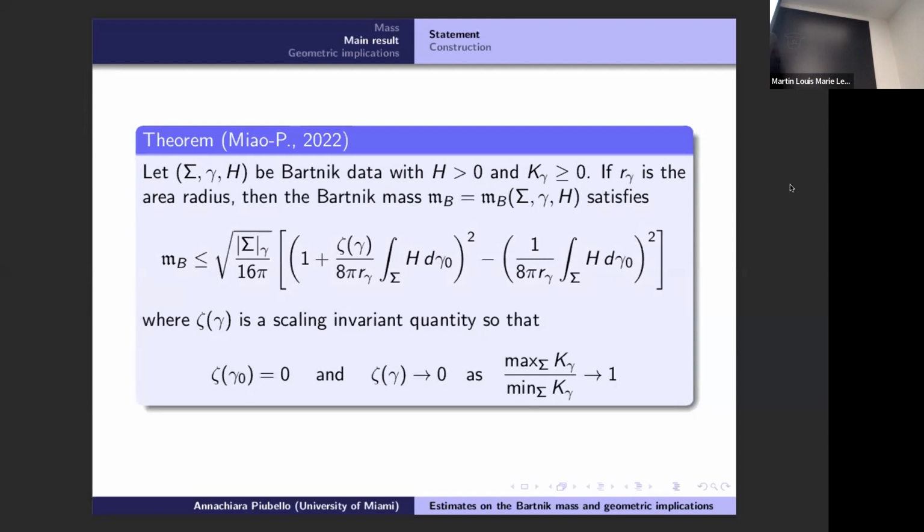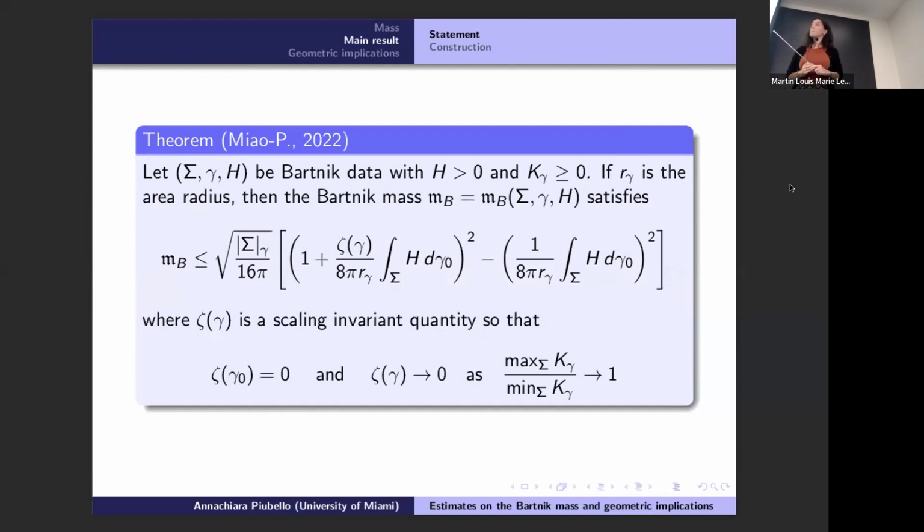First, we will get estimates in terms of the conformal factor using the uniformization theorem. And then using some PDE results, we can see how this condition will imply that this zeta gamma function goes to 0. But I will talk more about it later.